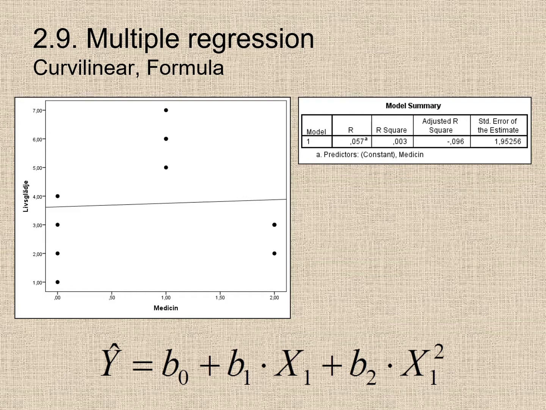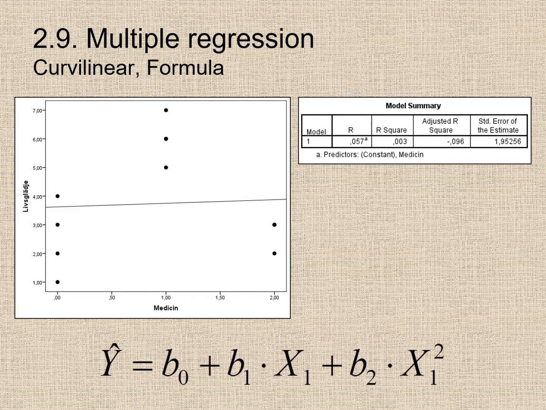And we get the intercept and two regression coefficients. And we're mainly interested in this regression coefficient and to see if it's significant. If it's significant, it shows that there is a significant curvilinear association between the independent and the dependent variable.